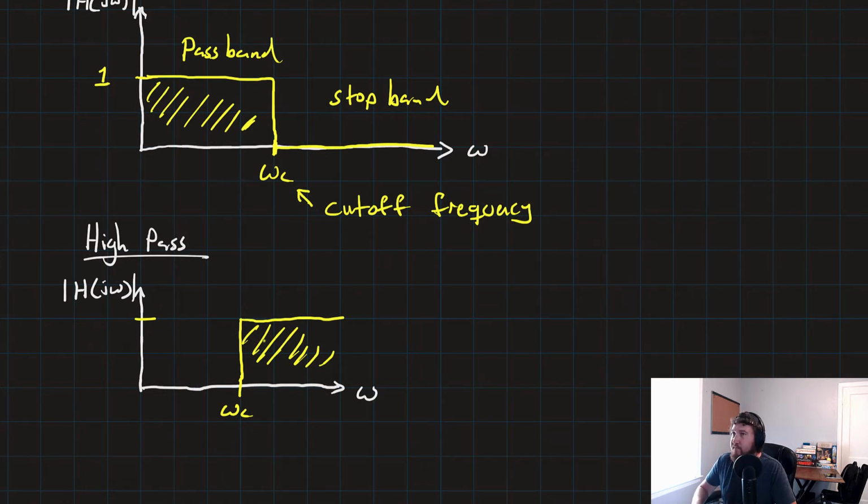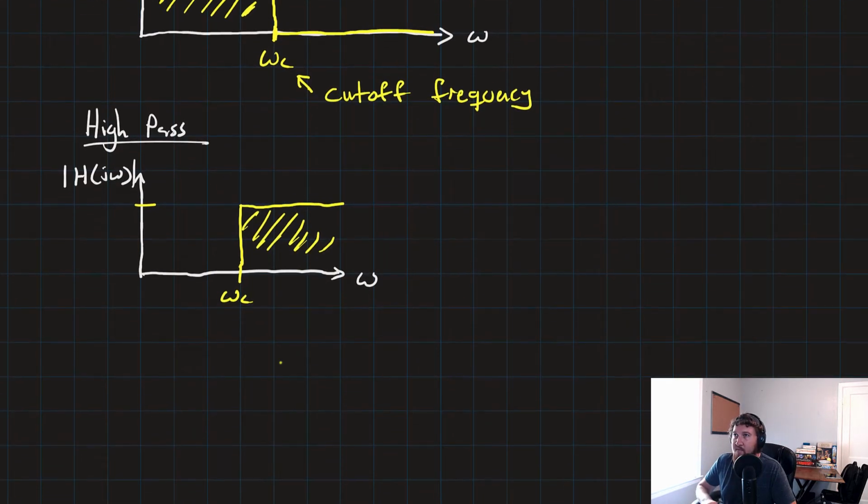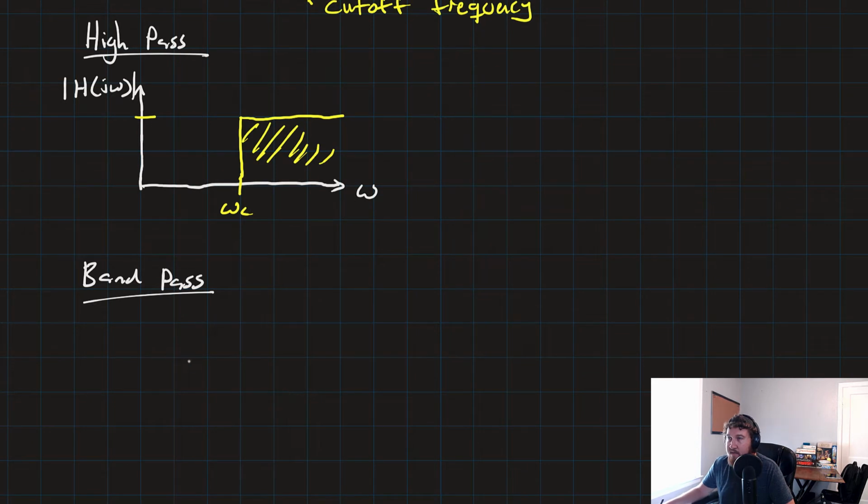cutoff frequency. Then we have what's called a band pass, which is going to be sort of a mix of the two. Now what that's going to look like is this, and it's got a few extra parameters.